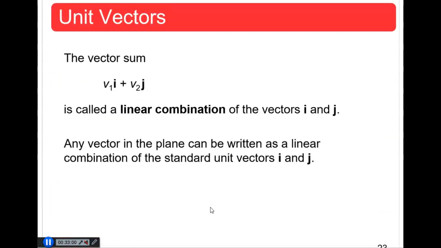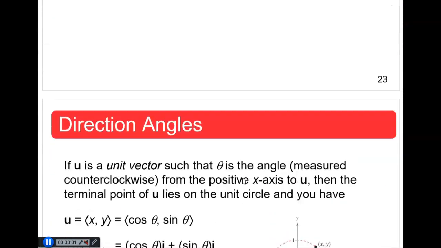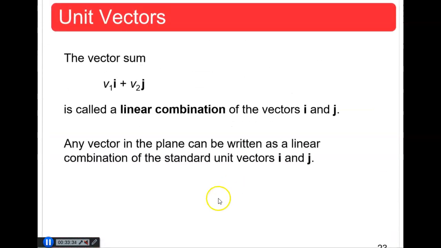So here, the sum is called a linear combination of the vectors i and j. And actually, sorry, it's not a sum of two vectors, but it's just adding the horizontal and the vertical components. So it's a linear combination. Any vector in the plane can be written as the linear combination of the standard unit vectors i and j. And you will be able to see that with an example, but let me give you a simple one first.